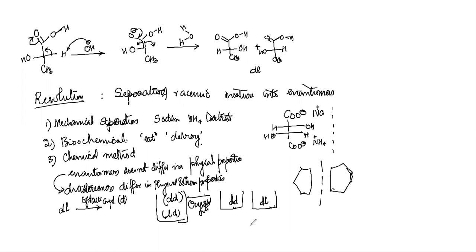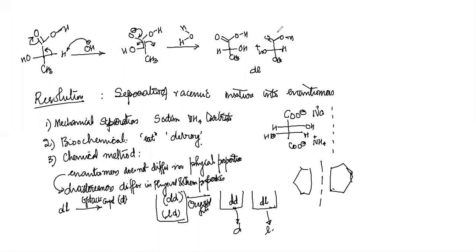Now bring them back. Find an easy method to convert this DD back into the starting D and this back into L. This is the basic principle behind the resolution process, chemical resolution.